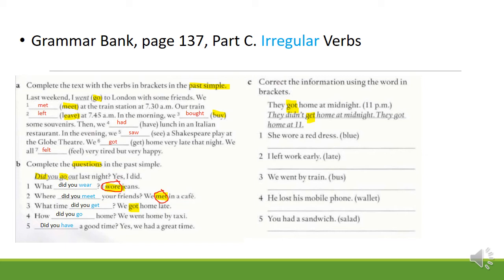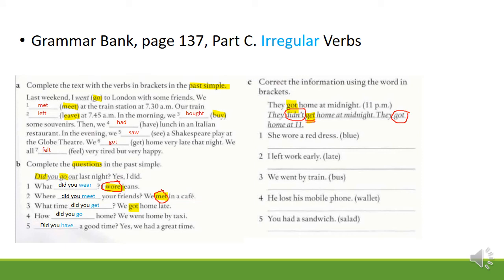When you turn this sentence into negative, you will use the negative auxiliary didn't and the verb in the infinitive form. Then you need to write a sentence in the affirmative form.